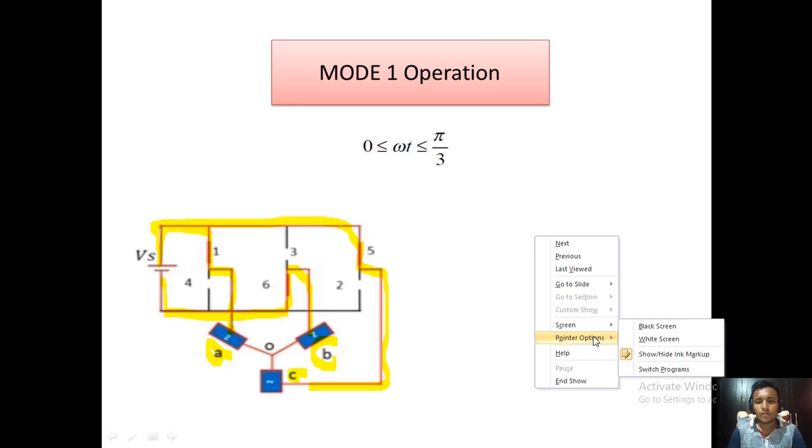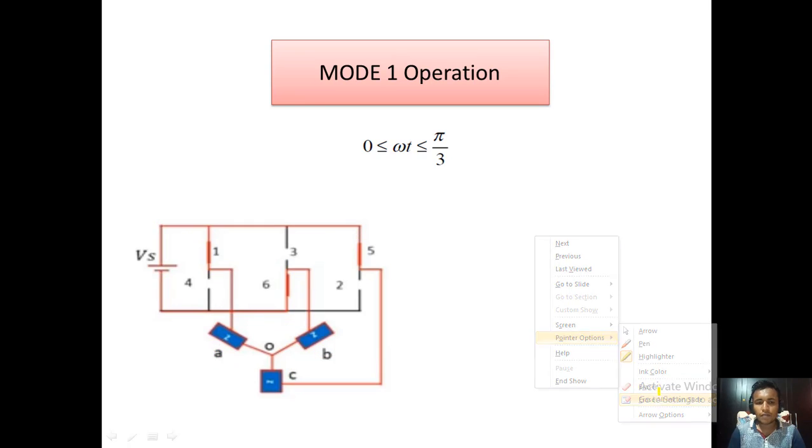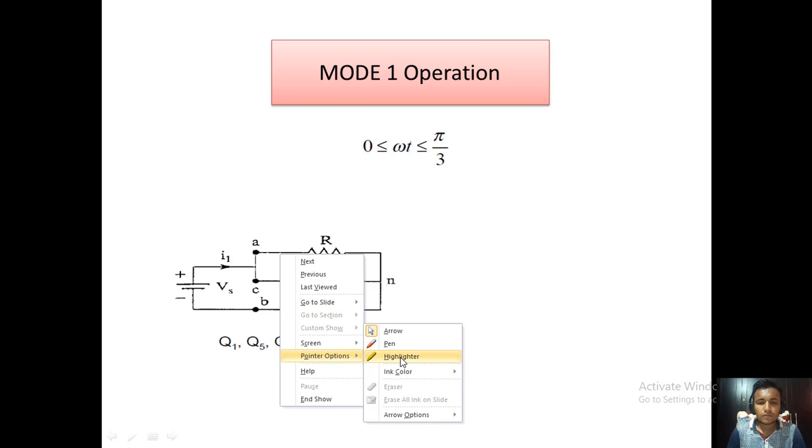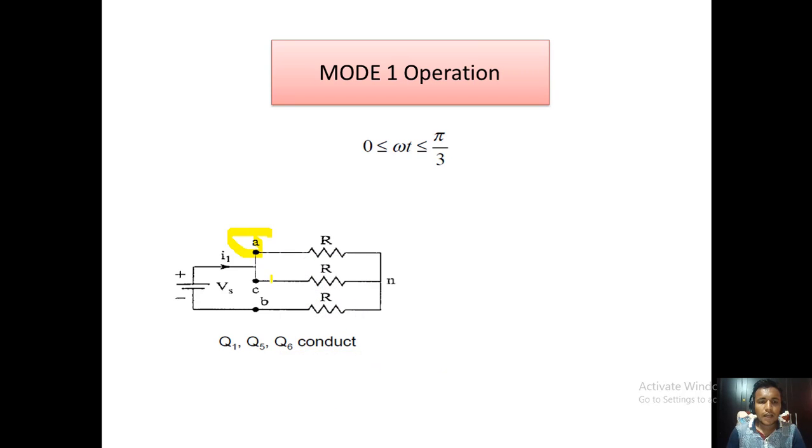So from this figure, if we have to draw the equivalent circuit, it is like this. In the equivalent circuit you can see terminals A and C are connected across the positive terminal of the DC supply, and terminal B is connected to the negative terminal of the DC supply.